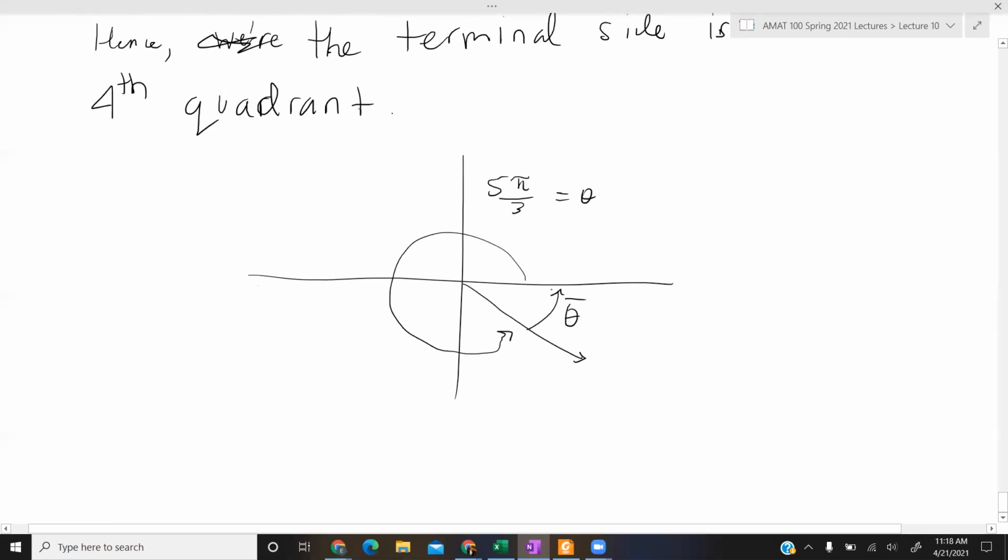To get this angle, we just have to subtract theta from 2 pi. This 2 pi is the same thing as 6 pi over 3, so it's clear that this is actually just going to end up being pi over 3. If you don't see that immediately, I'll leave it to you to do that arithmetic.